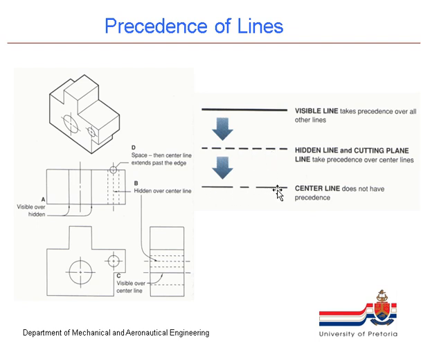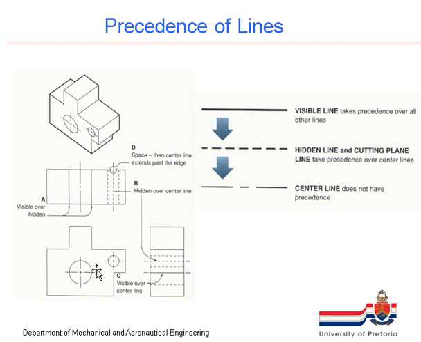So it's important to note what's going on over here. We have the center line for that small circle going through there. You'll notice it is in line there. So the center line should be in the middle there.